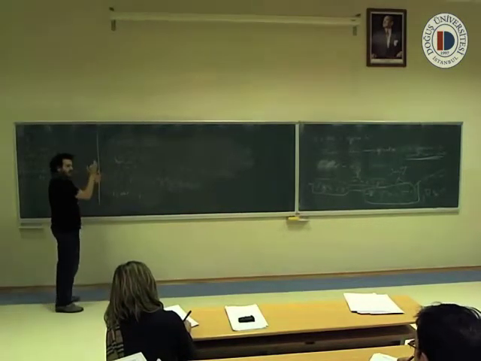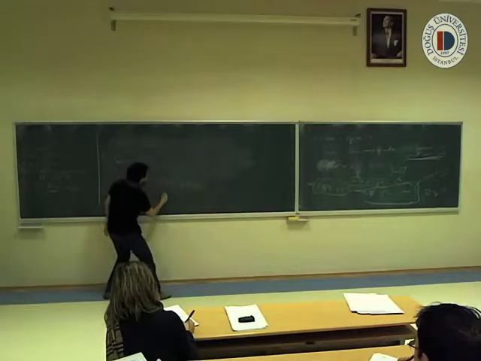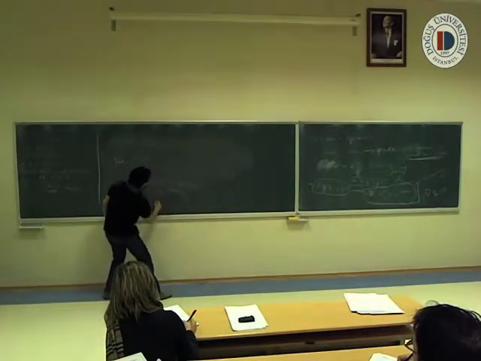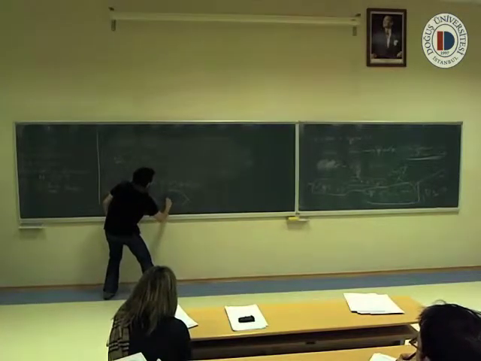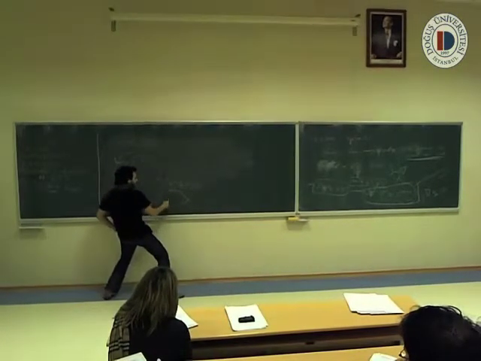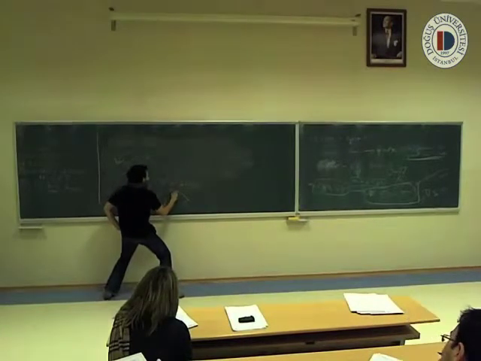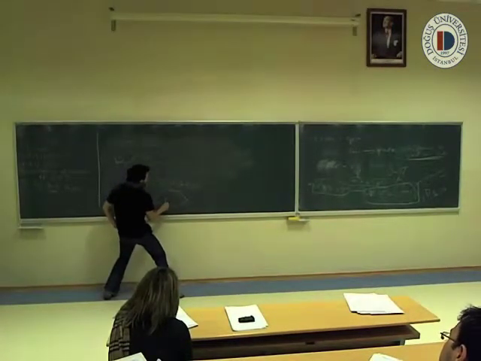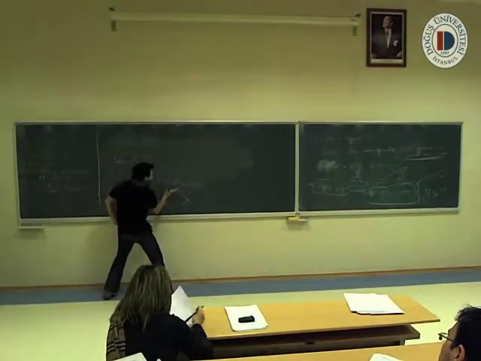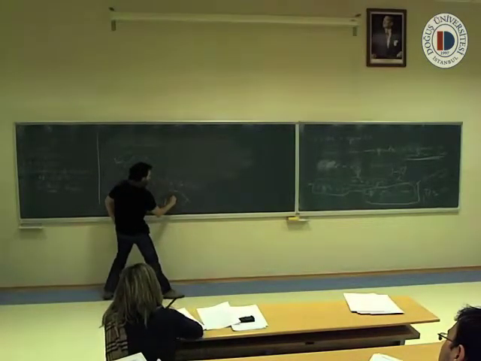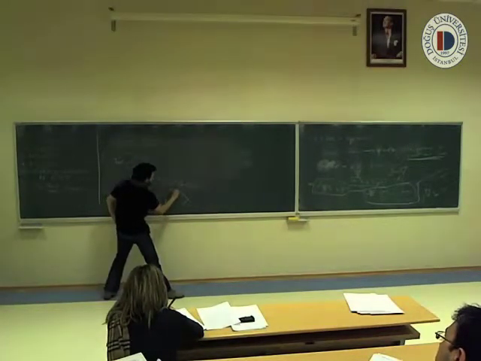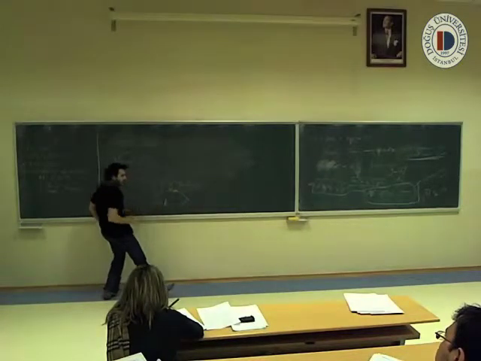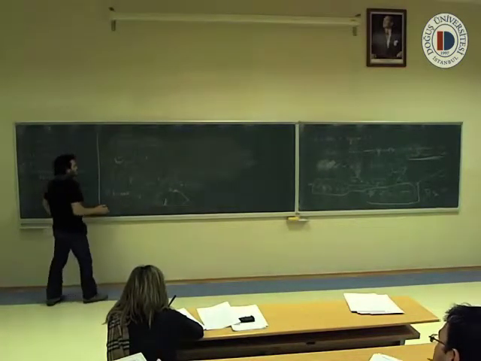Parallel transport is this: you take a vector in a curved space-time, like a sphere, for example. You take a vector at some point, for example the tangential vector, or some vector at some angle theta, and then you take this vector along a curve. Parallel transport is defined along some curve x mu. You transport the vector along this curve by keeping this angle constant. This is the definition of parallel transport.